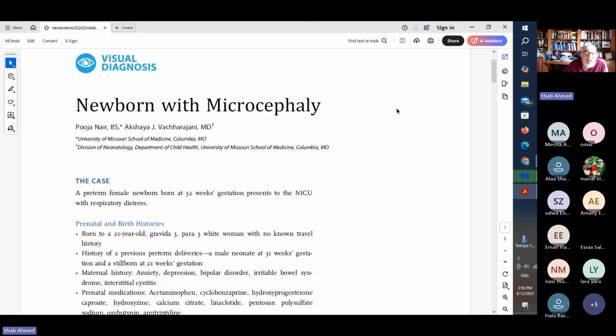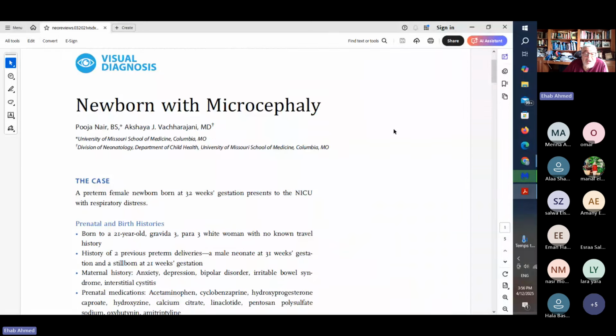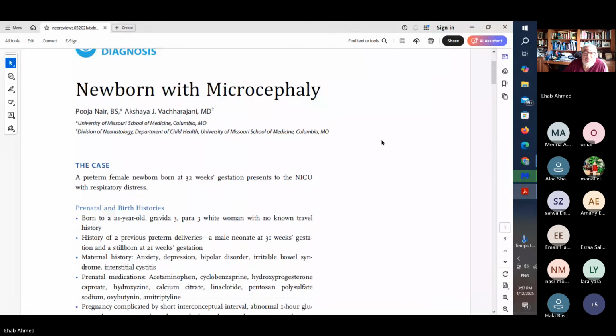The presentation and the long-term symptoms and signs of microcephaly are very variable, depending on how much the brain is affected. Based on that, the baby could be severely delayed, close to normal, or even normal. Or he might present the primary cause of the microcephaly, which might need treatment also.